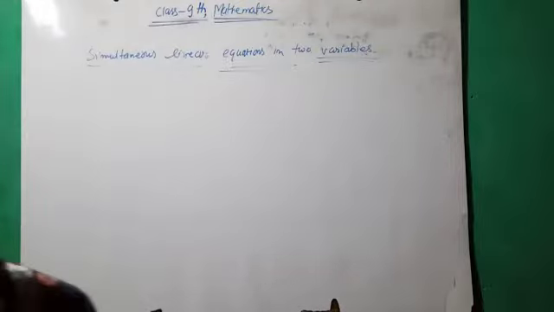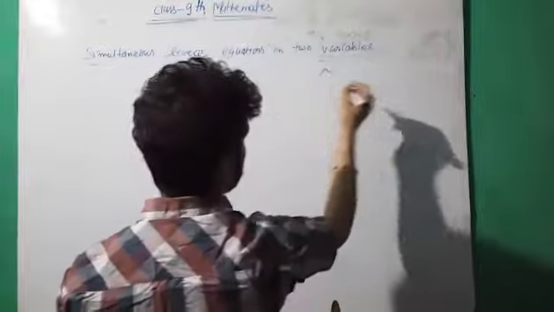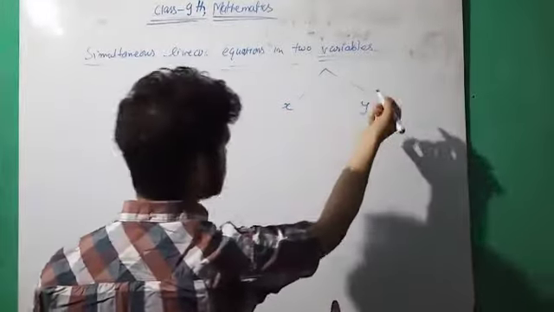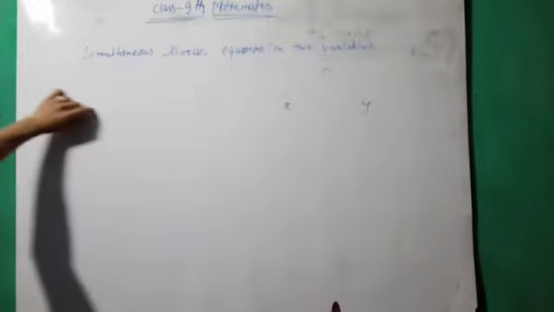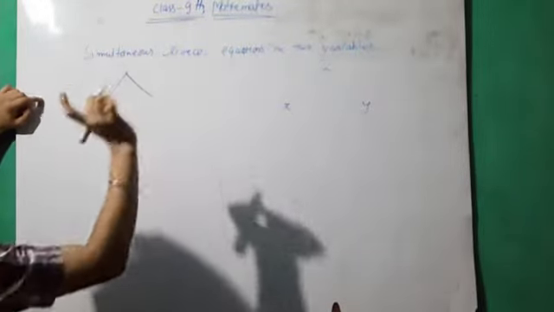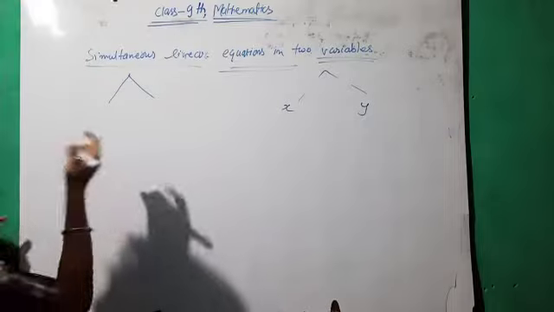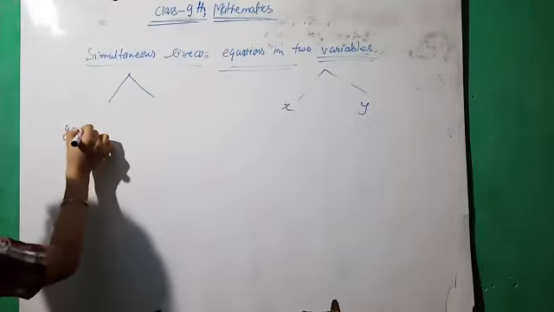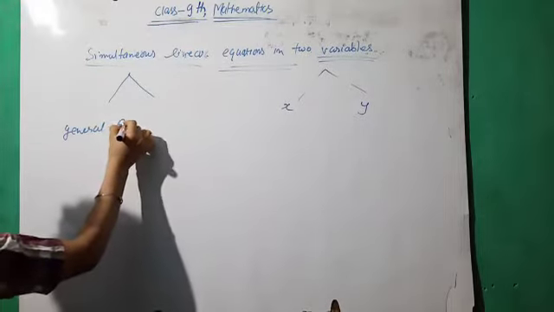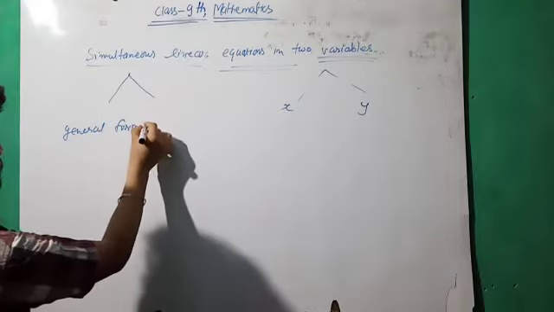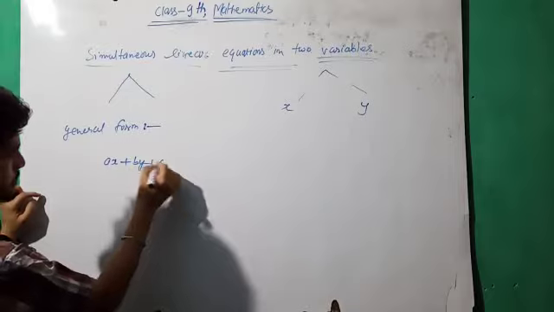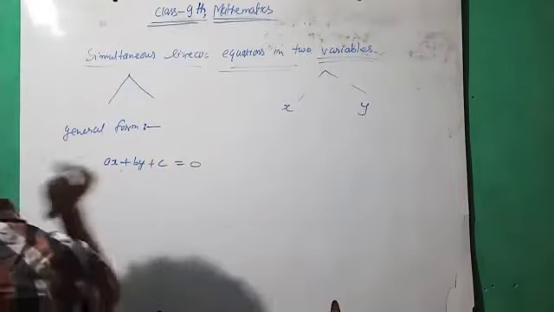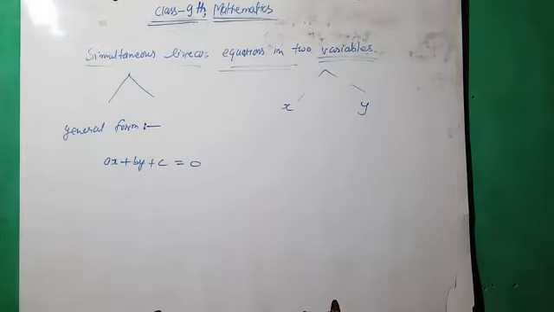Students, one important thing here: we have two variables, meaning x, y, z, whatever we have. Simultaneous linear equations means we have two equations. The general form of a linear equation is ax plus by plus c equal to 0.